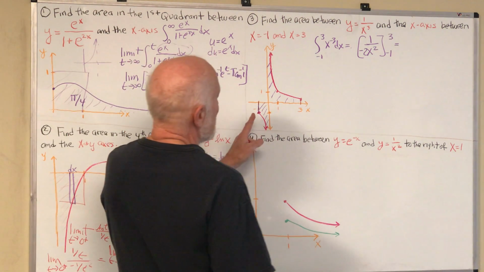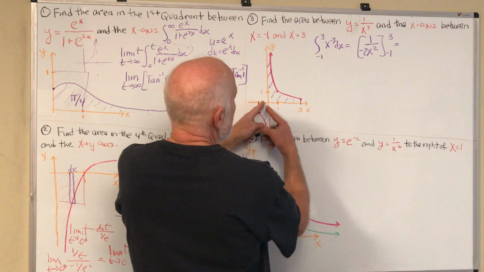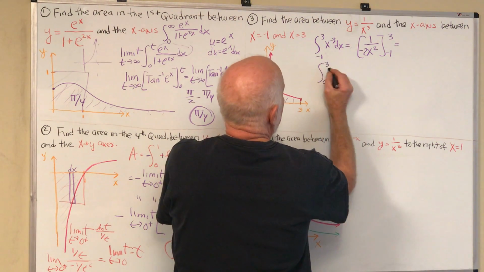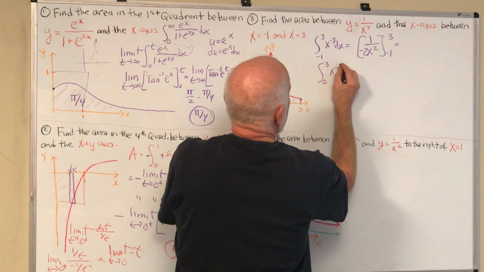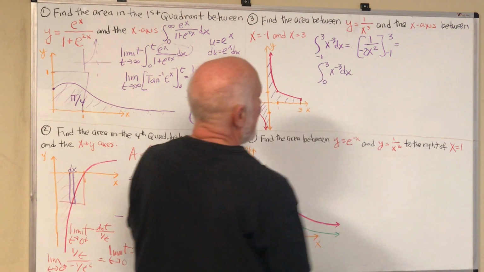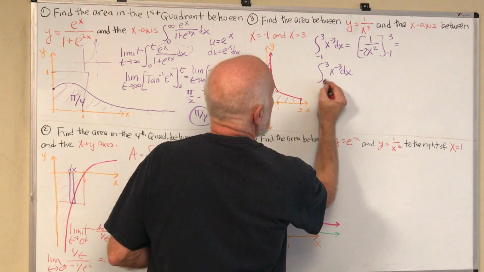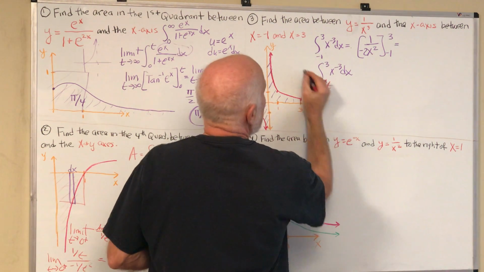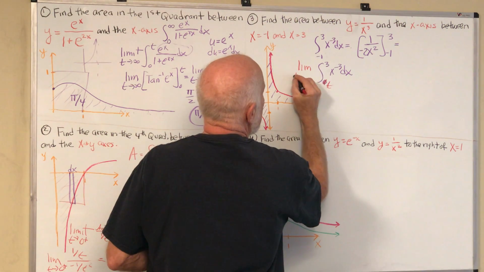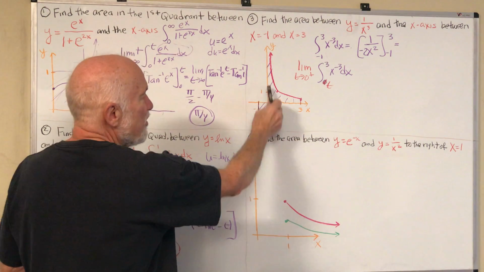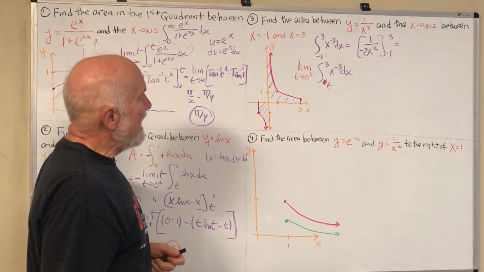And I'm just going to show you something. What if we just took from 0 to 3 of x to the negative 3 dx? Again, that's improper because of the 0, so we could make this t and take the limit as t approaches 0 from the right. So we're just looking at this one area over here.